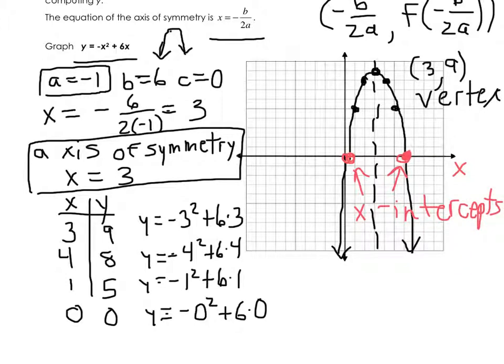Then I'm also interested in the fact that this point is also the origin, 0, 0. That's also where it crosses the y-axis. So that's a y-intercept. It's an x-intercept and it's a y-intercept. So those are some other points we might be interested in.